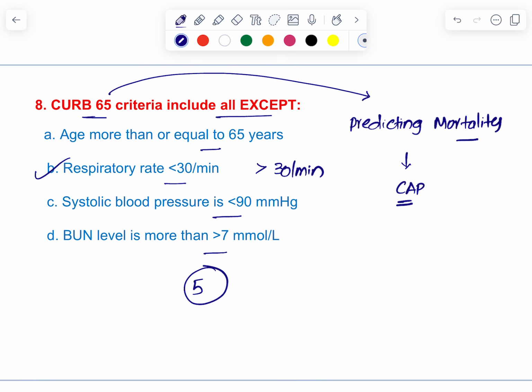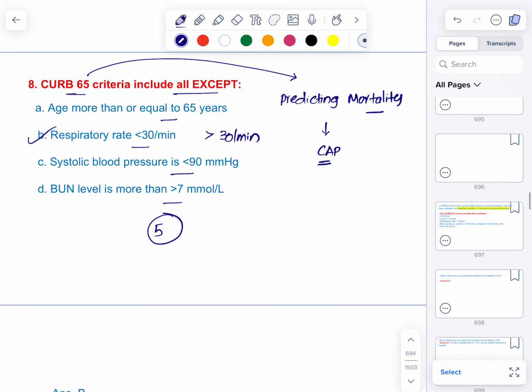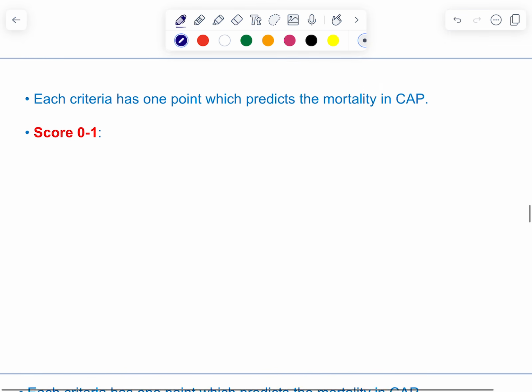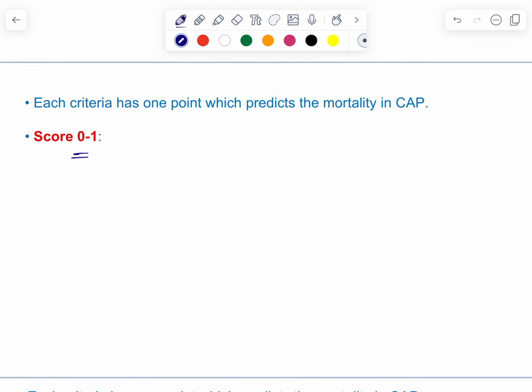Now the point is, if the score is 0 to 1, the chance of mortality is around 1.5%, and this can be treated on an OPD basis. These patients don't require ICU admission.